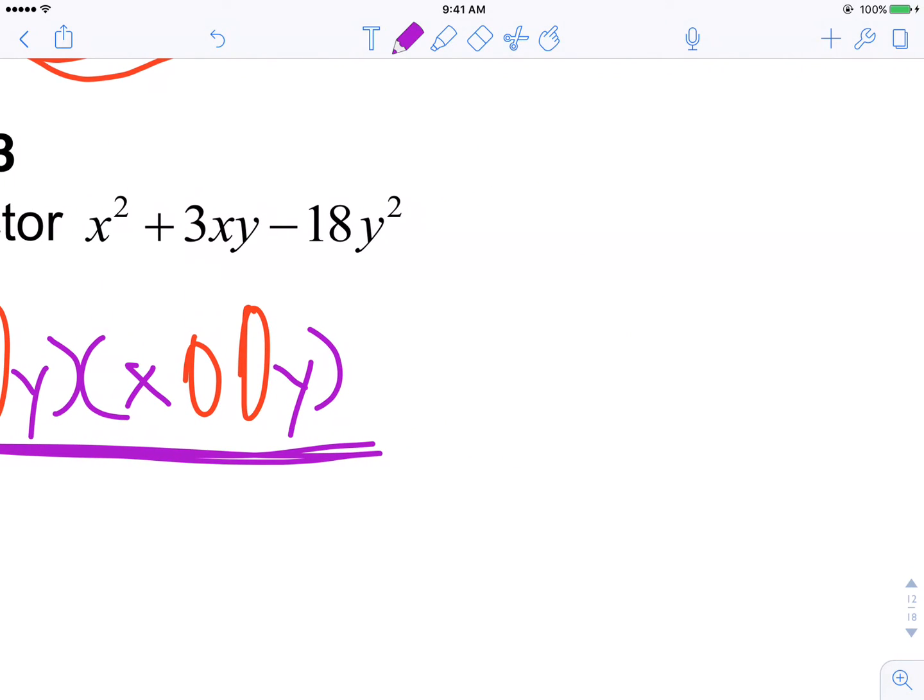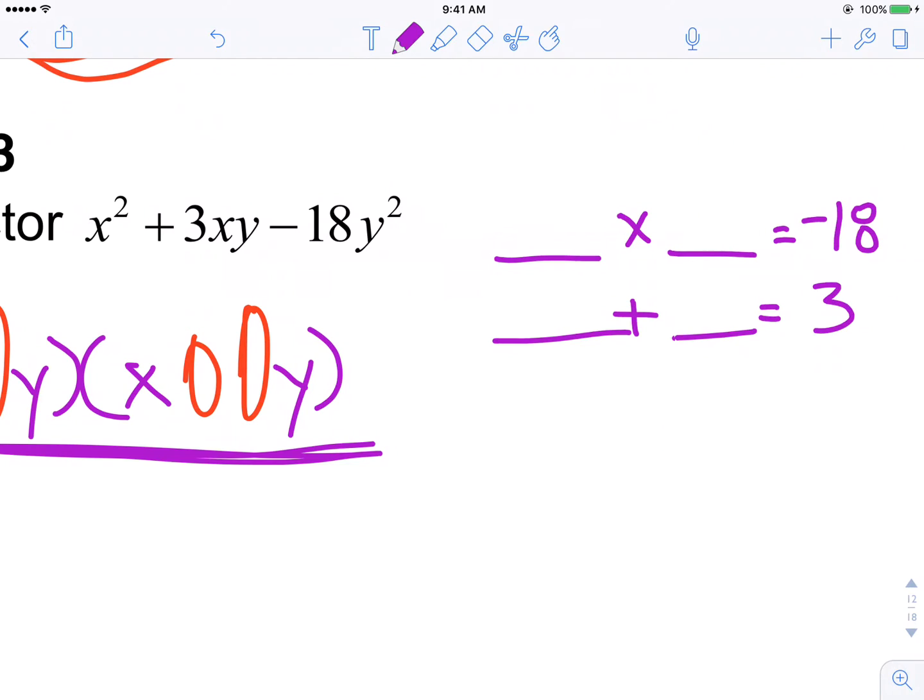What we're looking for are two numbers that multiply together to give negative 18. Those same two numbers add together to give 3. Very long pauses in there on purpose, just to make sure that if you're following along, you're trying to figure it out as we go along.